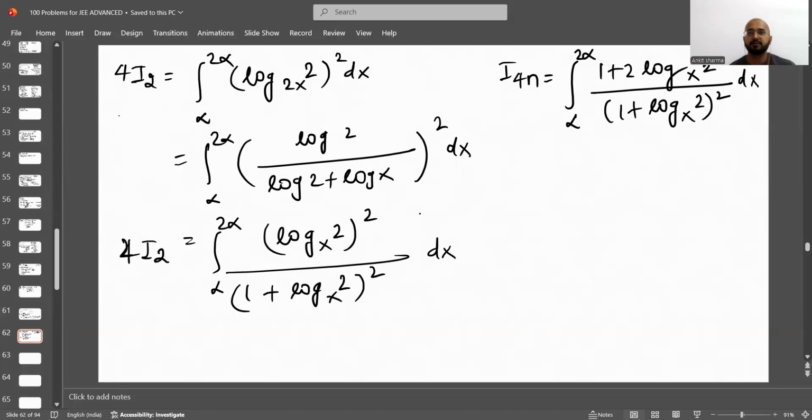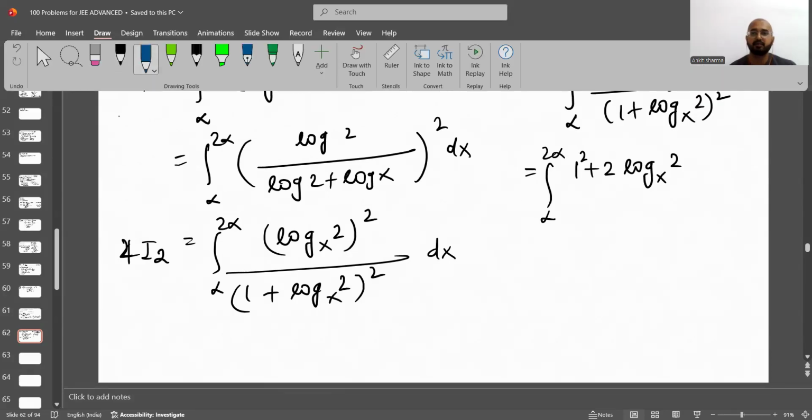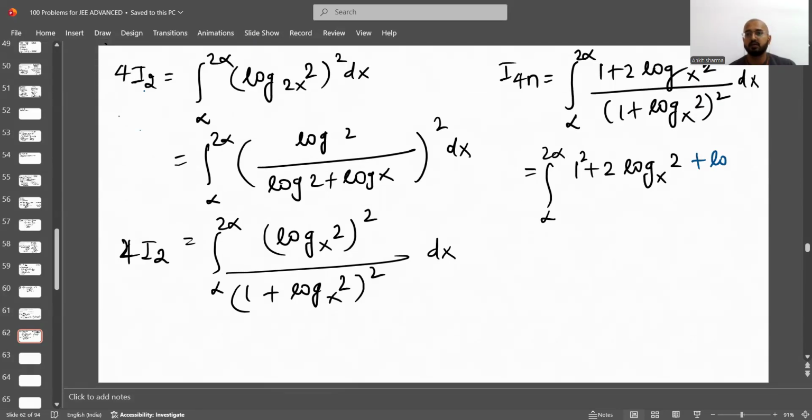Yes. Now let's go ahead. So alpha to 2 alpha. Now this looks like I have here 1 plus 2 log 2 base x. So it means if I add and subtract this guy, log 2 over x, the whole square, and then again log 2 over x, the whole square.